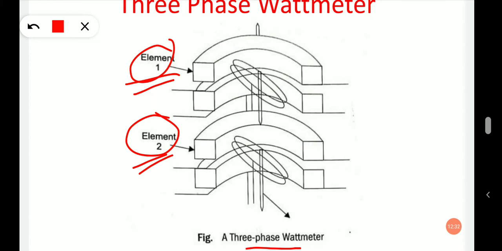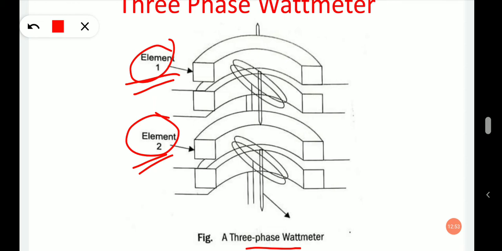Torque is exerted by both the moving coils on the spindle to produce the deflection. The torque on each element is in proportion to the power being measured by it.